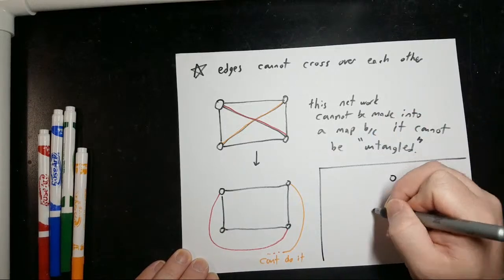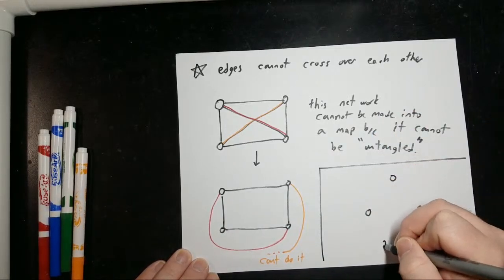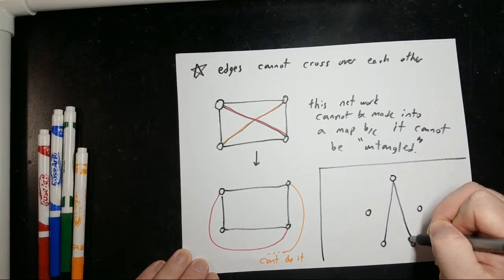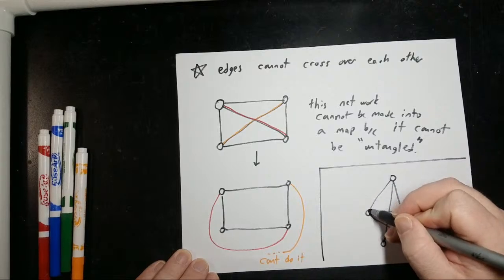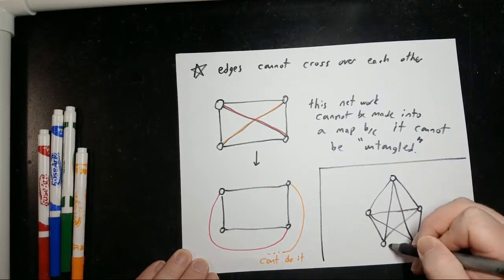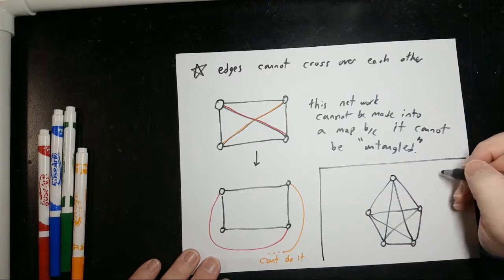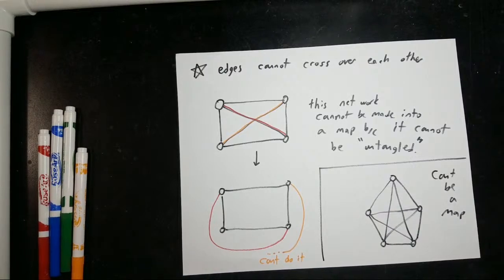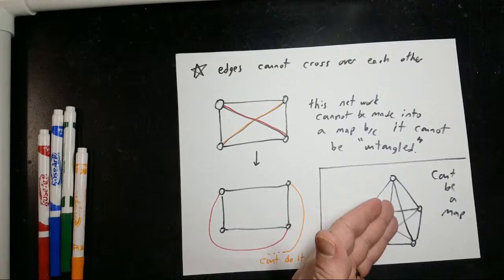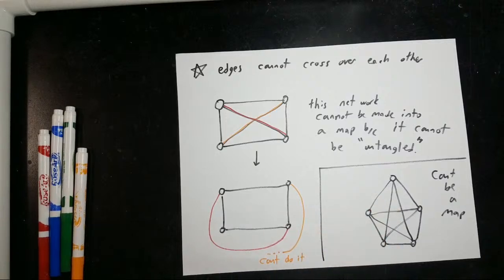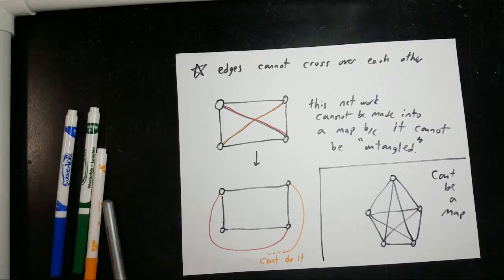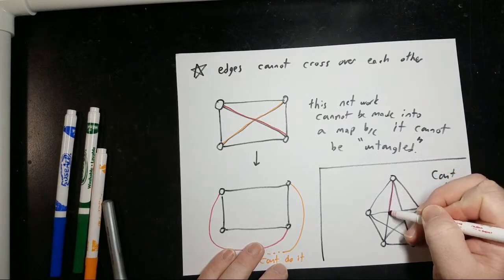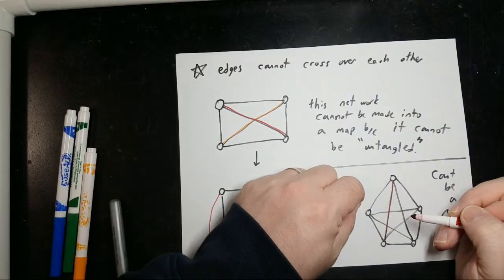Another example would be something like this. This one's invalid too. This one, not a map. There's no such map that would actually follow this particular design. Now, if you were to say, oh, well, you need 5 colors for this particular network, yeah, but it can't be a map with this one. There's no way that you can untangle it. I mean, yes, you could take this red one, and like a rubber band, pull it over here.